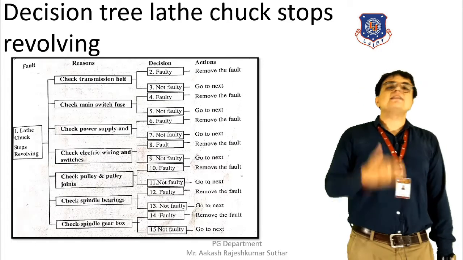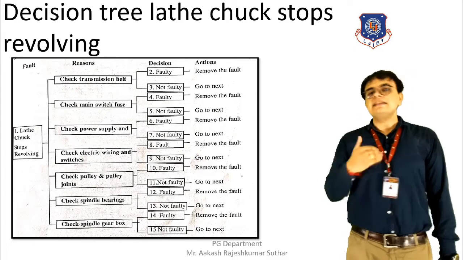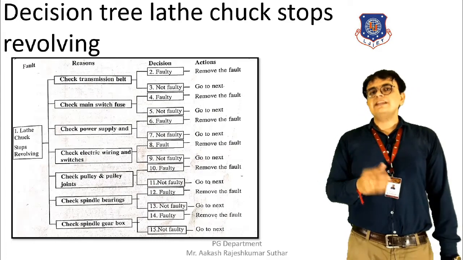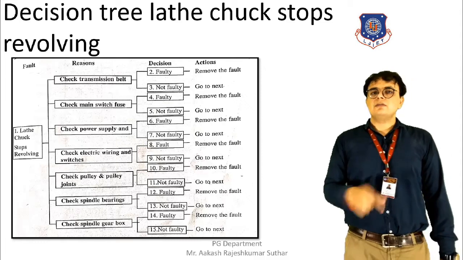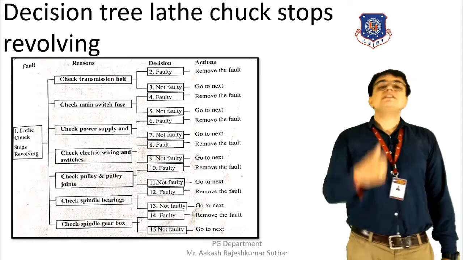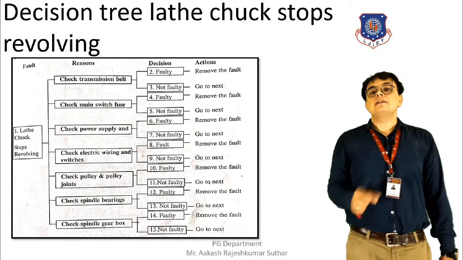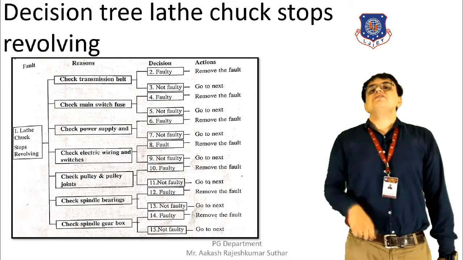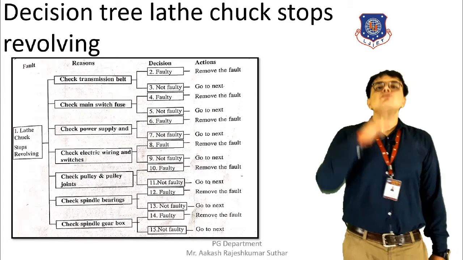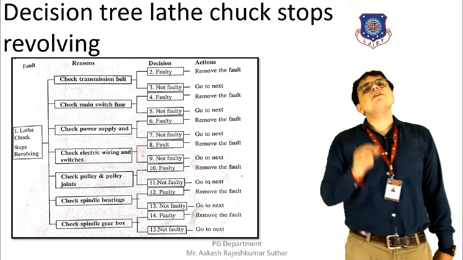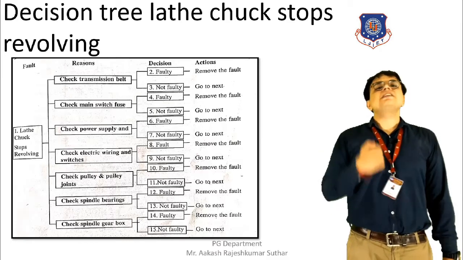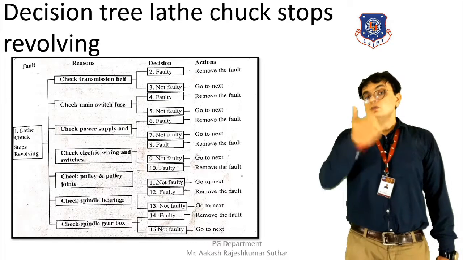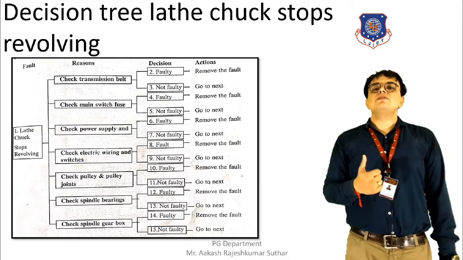So we should check the wiring and the switches, and based on this checking, if we find that the wires and switches are responsible for that fault, then in the activity we should write remove that fault. And if it is not found responsible, then in the activity we should write move towards the next type of reason.